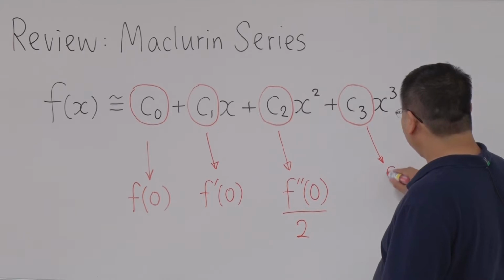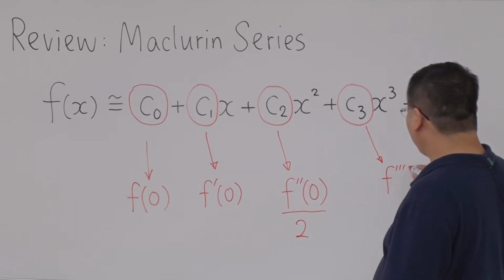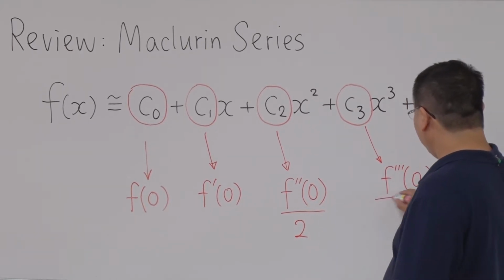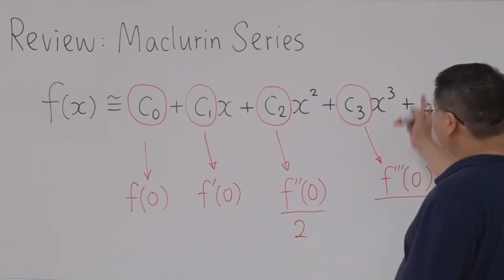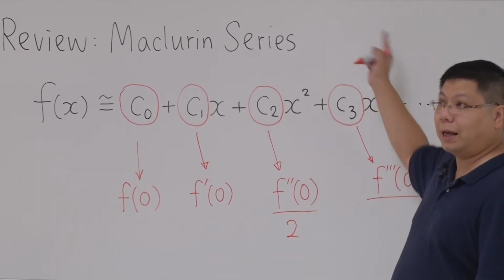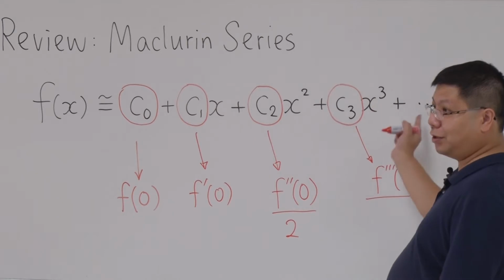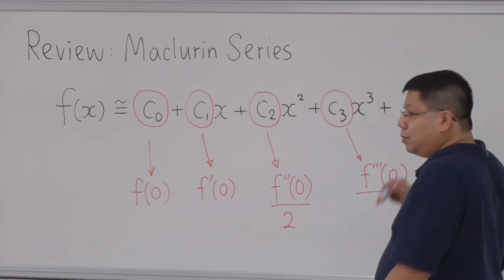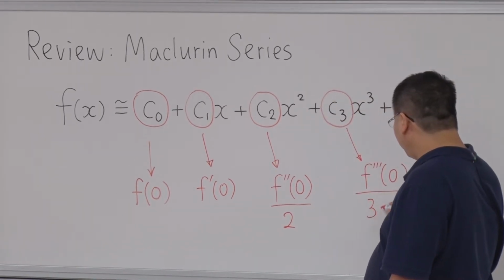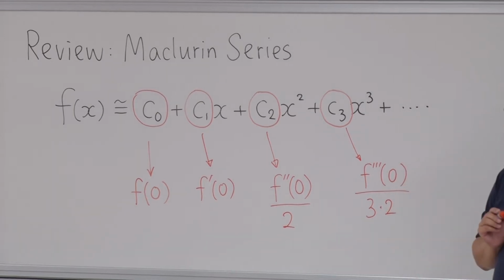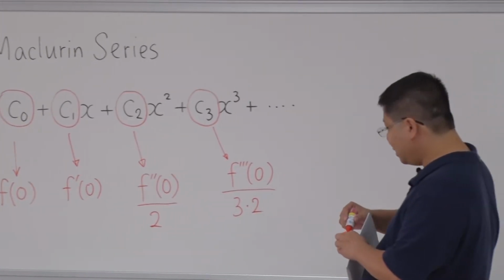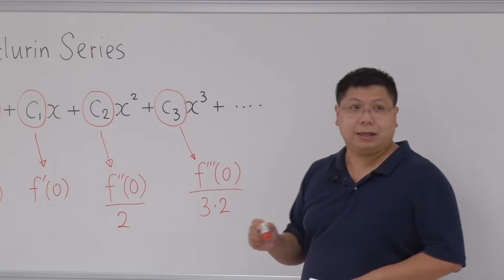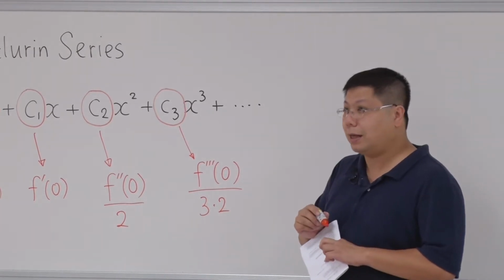This one is similar. You differentiate it 3 times, and in doing so, you get a 3 and then you get a 2. So you should divide it by 3 times 2. Is that okay? So in general, if you differentiate it k times, you need to divide it by k factorial.